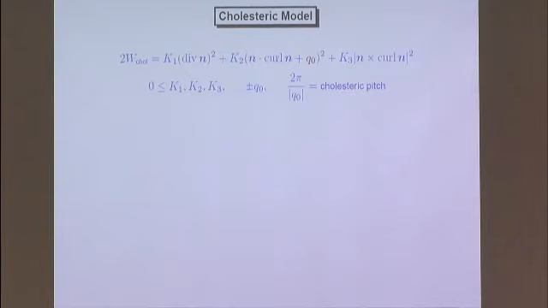The cholesteric model differs from this slightly in a couple of ways. Here, this term highlighted in red is a new term that is allowed in the cholesteric model. This is a scalar, a sort of wave number for the helical twisting state that forms the ground state.